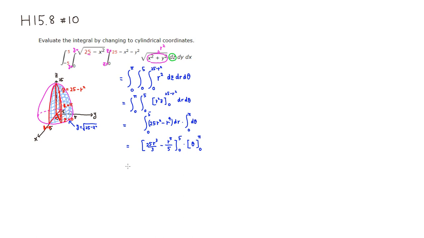All right, so we're going to have r cubed, so it's going to be 5 cubed, which is 125. Then you have to multiply by 25.